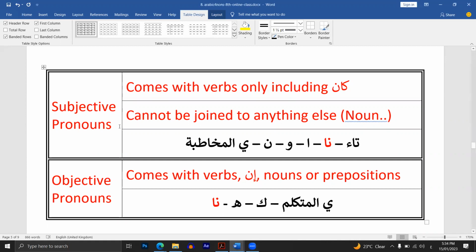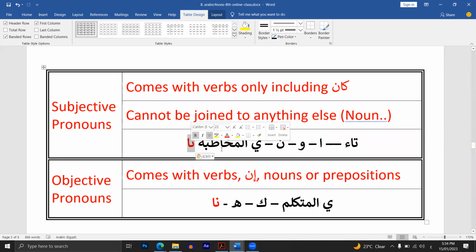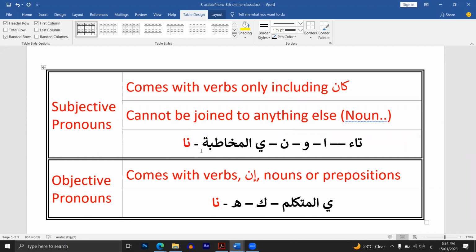Okay, is there any question, please? So this is the summary of today's lesson. Subjective pronouns, which are these. These five pronouns: تاء الفاعل، ألف الاثنين، واو الجماعة، نون النسوة، and ياء المخاطبة.